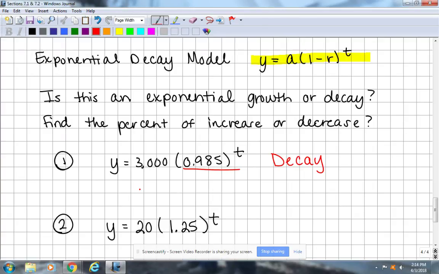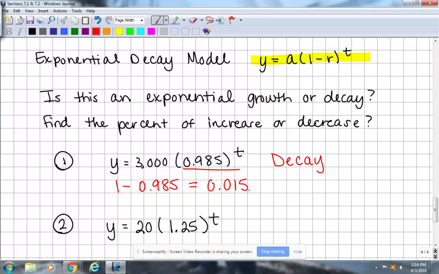All right. So it says find the percent of increase or decrease. How do we think we're going to do that? Subtract that number from 1. So 1 minus 0.985. And y'all can participate here. 0.015.